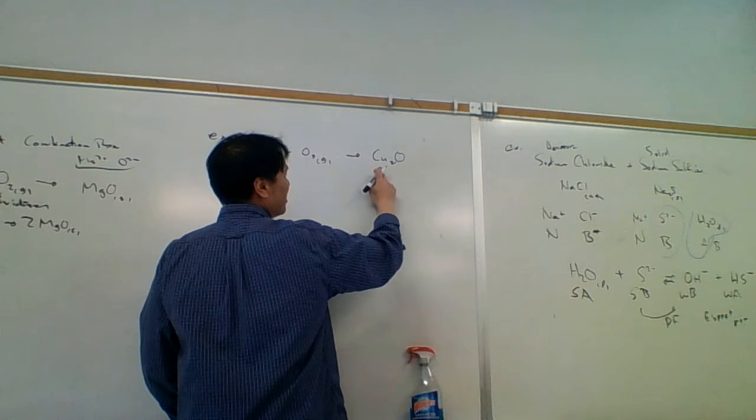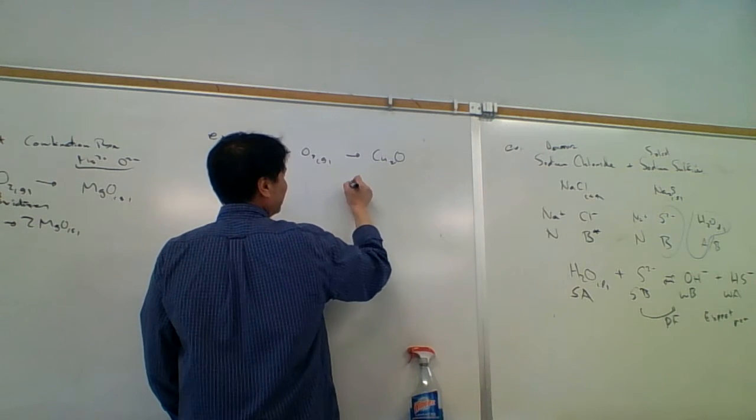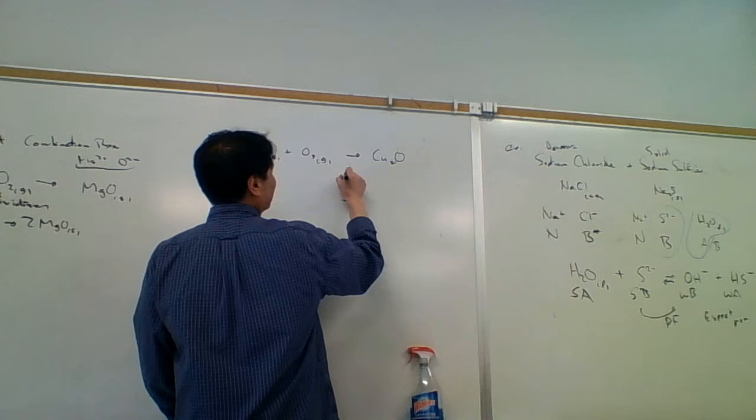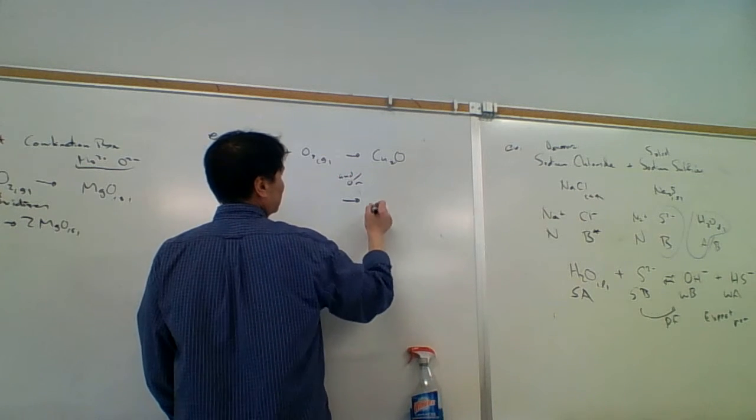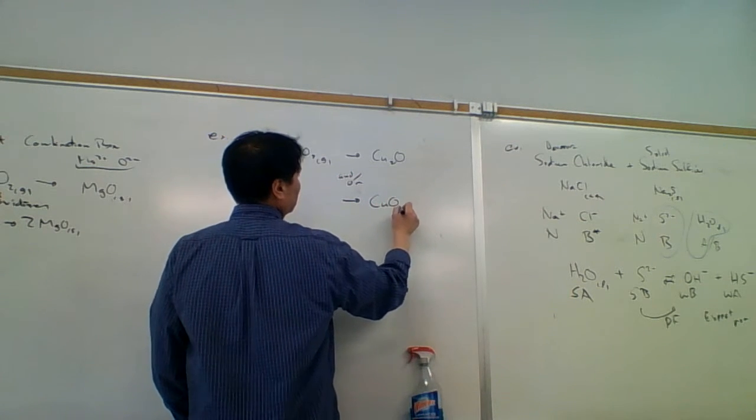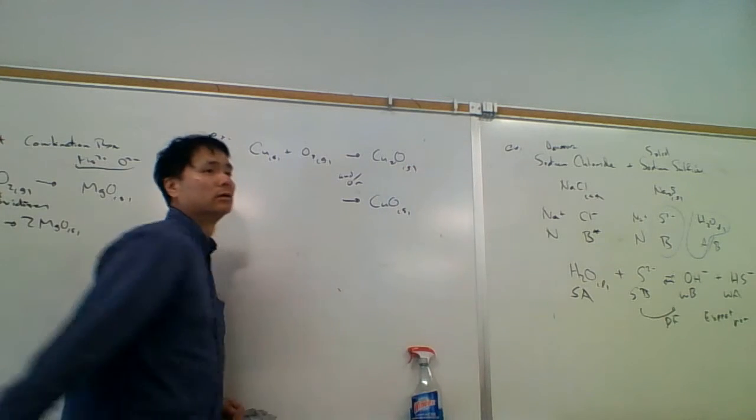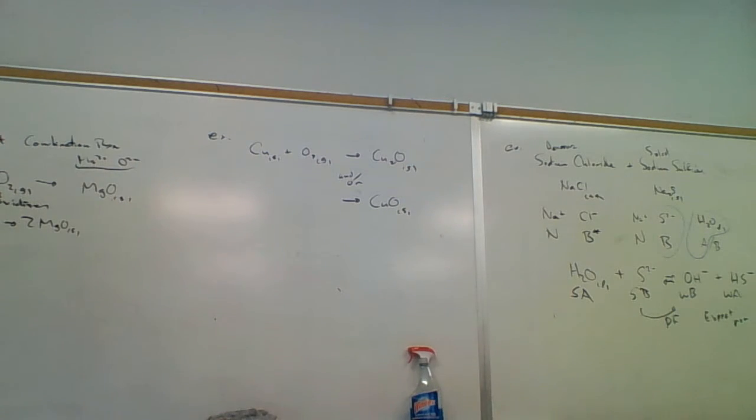Is it copper 1 oxide or copper 2 oxide? Can you name those? Yeah, copper 1 oxide on the top, copper 2 oxide on the bottom. Copper 1 oxide has a +1 charge, copper 2 oxide has a +2 charge.